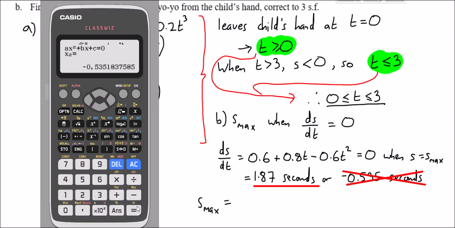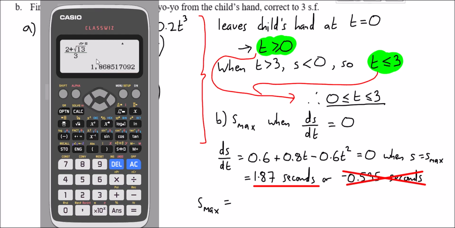So this time was 2 plus root 13 over 3. What I'm going to do, I'm just going to memorize that, go back to the normal mode, type it in, 2 plus root 13 over 3.